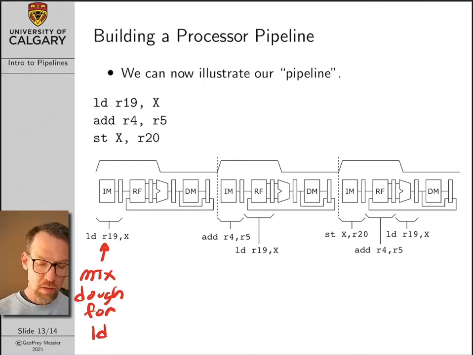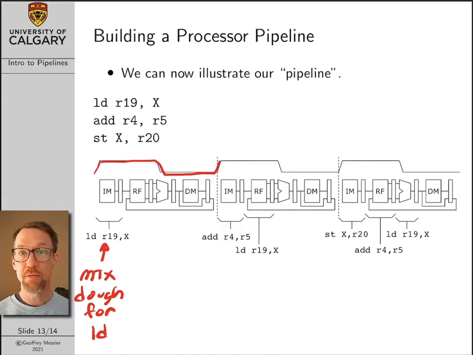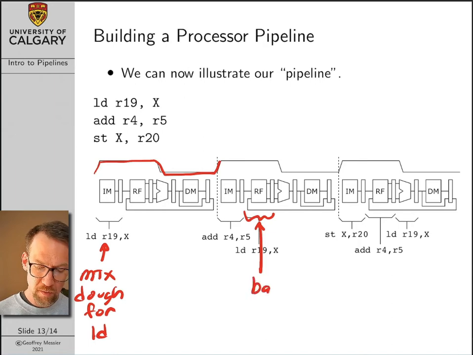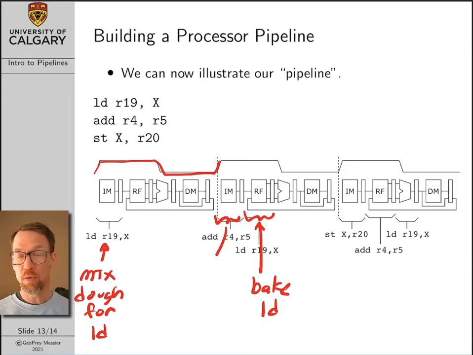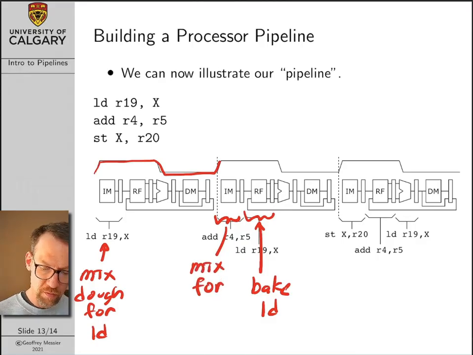Okay. Now, once we get to the next cycle, the dough is ready for baking. The cookies are ready for baking for load. So this stage is bake load. This stage, now that we're waiting for load to bake, we may as well get to work mixing the dough for our next batch of cookies, which is add. So mix for add.